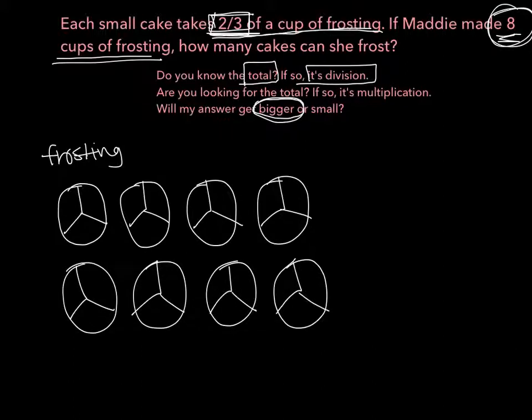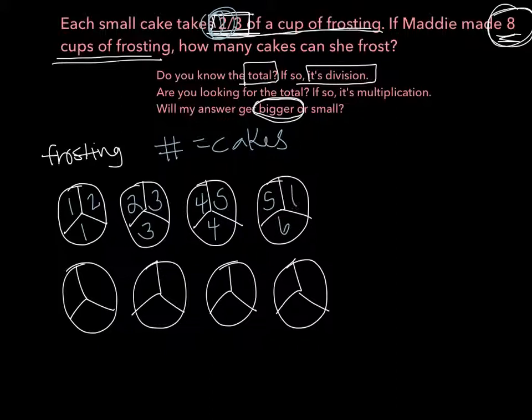Now I'm going to start making cakes. And 2 pieces of frosting are used to make a cake. So I'm going to start numbering cakes. So 2 pieces make cake number 1. I'm going to use that third to start cake number 2. And now cake number 3. 2 pieces for 4.